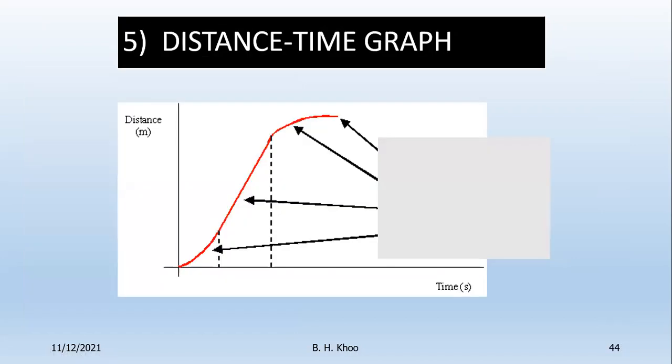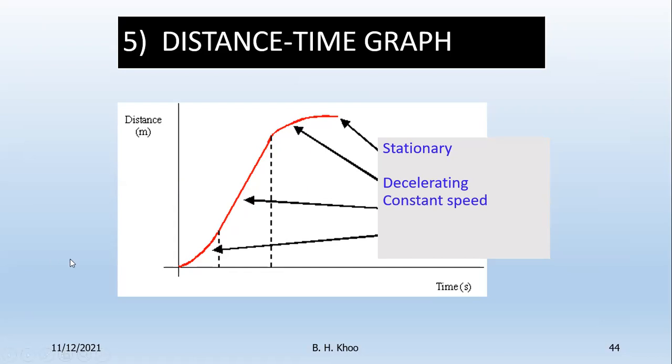Right? If you're able to describe the motion in a distance time graph, this part, horizontal line means stationary, at rest. Curve this way means the gradient is decreasing. Gradient of tangent to the curve is decreasing, so it's decelerating. This part is a straight line, so it's uniform speed or uniform velocity. Right?